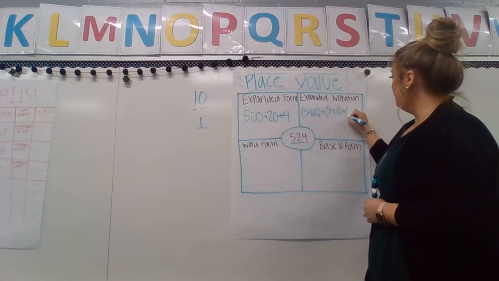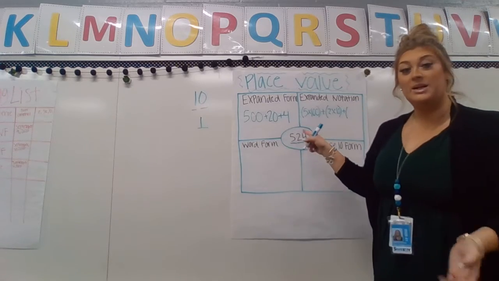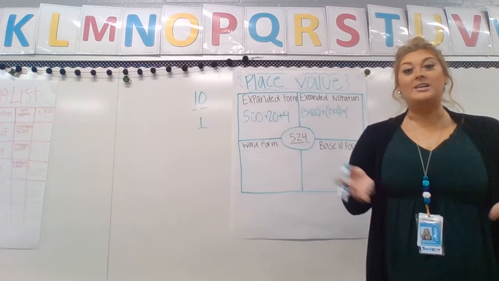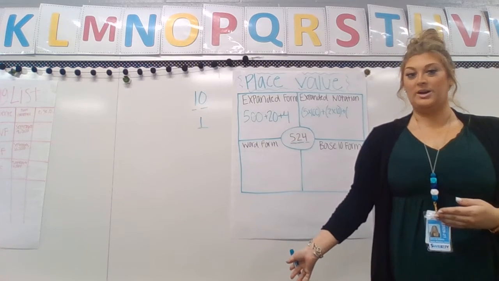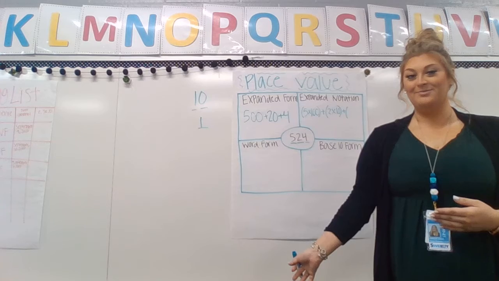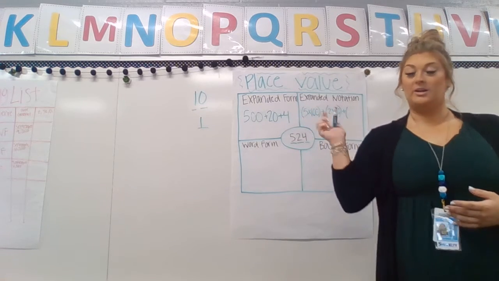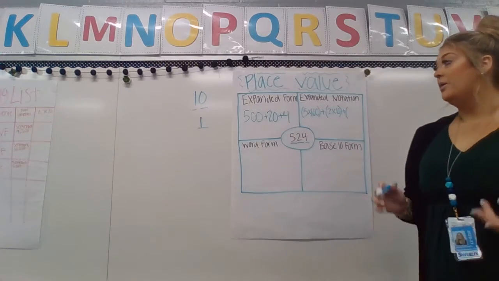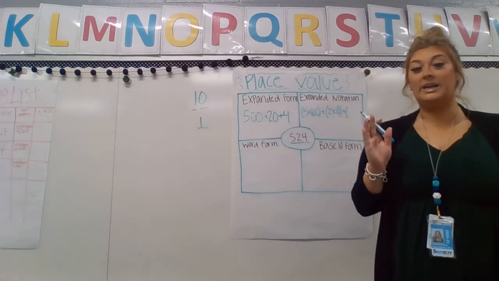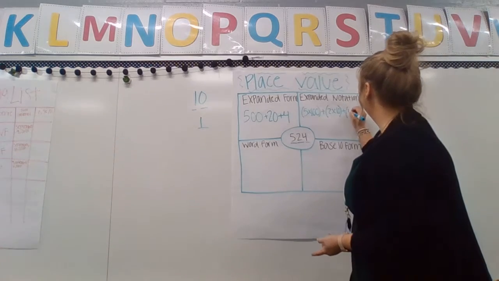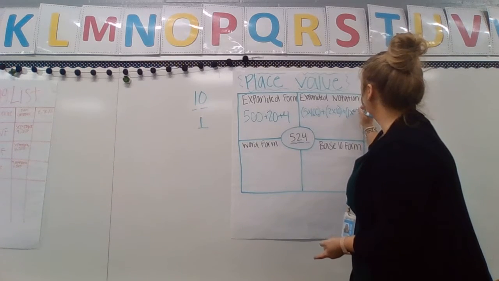Now, 4 is in the ones place. So how many ones do we need to equal 4? So we have 1, 2, 3, 4. So we need 4 ones. So we need to put 1 times 4.